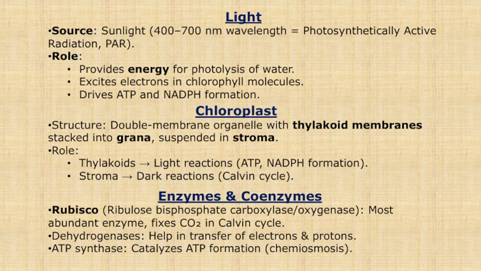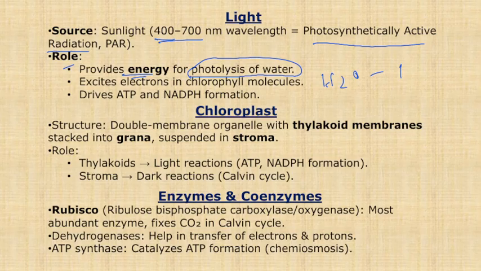So light, as we have already discussed, 400 to 700 nanometer, that is photosynthetically active radiation, is the wavelength of light that plants can absorb. The sunlight provides energy for photolysis of water, the breakdown of water into H plus and O2.